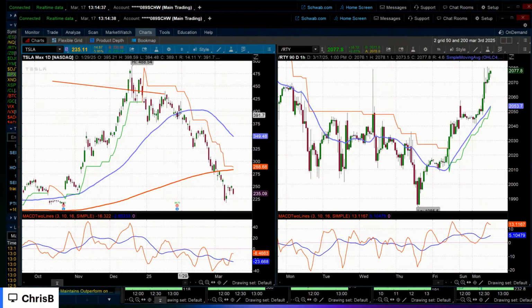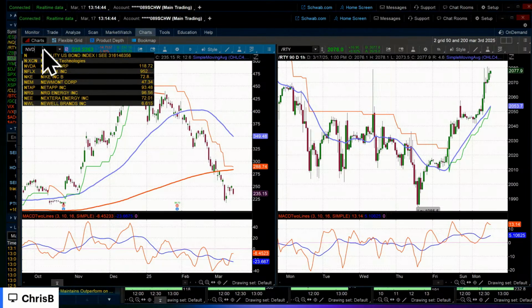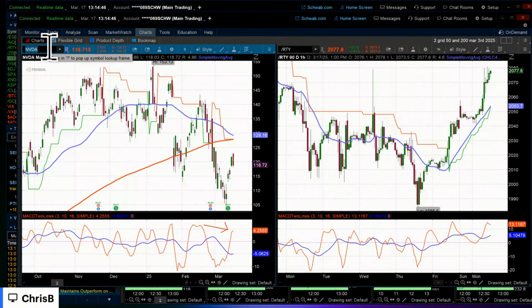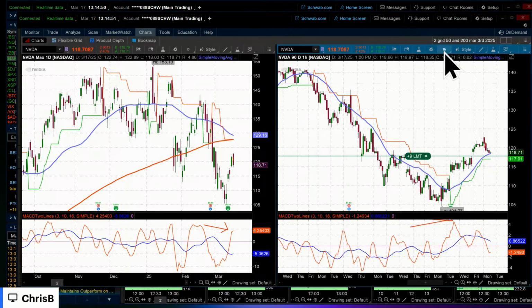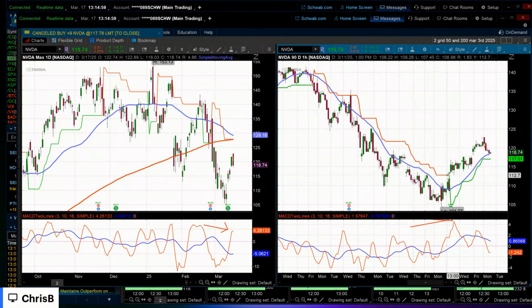Downtrend. Now, let's say you want to trade it short term. So let's take the NVIDIA and you want to go against the grain. That's fine. Lots of us are day traders. Hourly chart. That's why we liked it here. We liked it here. It started turning.